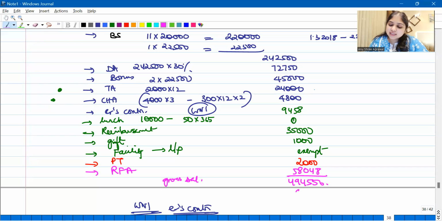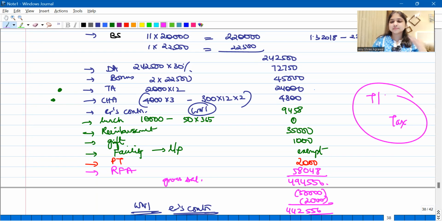From this section 16 deductions, 50,000 standard deduction you will get. We have professional tax also. Professional tax only paid by employer. Total professional tax is 2,000. We'll subtract that also. So what is our taxable salary now? 4,42,556 taxable salary. Should I round this off? No. I round off only the total income number and I round off only the tax liability number. Are we clear with this?